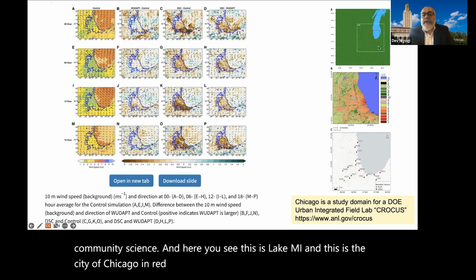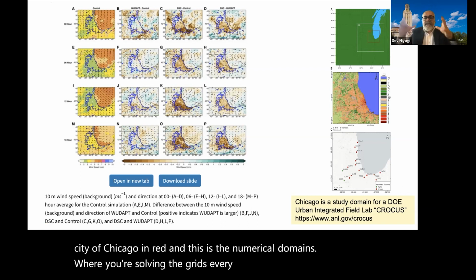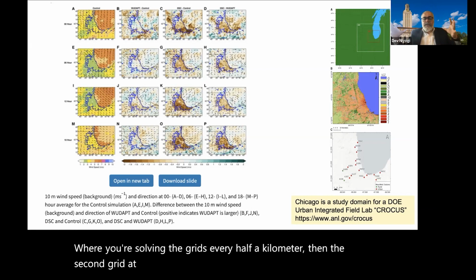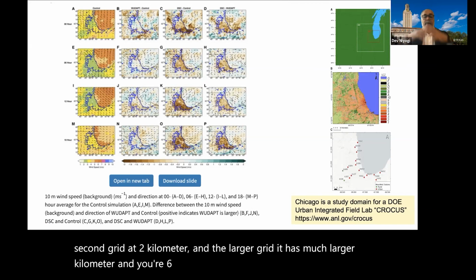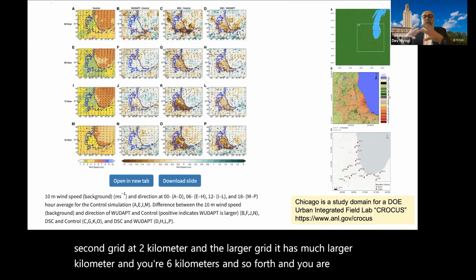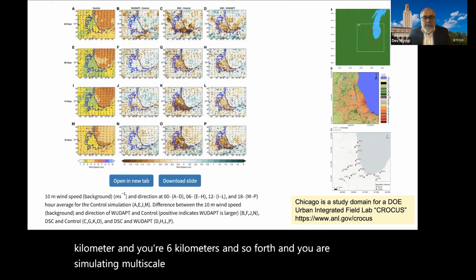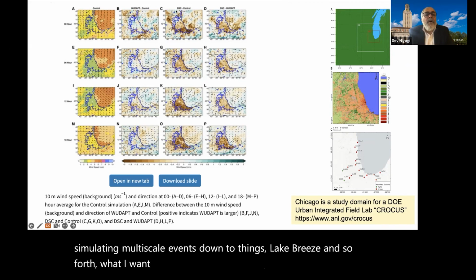And this is the numerical domains where you're solving the grids every half a kilometer, then the second grid at 2 kilometers, and the larger grid at 6 kilometers and so forth. And you're simulating multi-scale events down to things like lake breeze and so forth. What I want you to see is the column CGKO and the column DHLP.